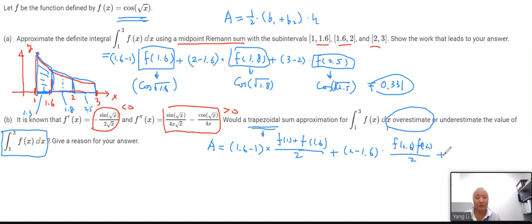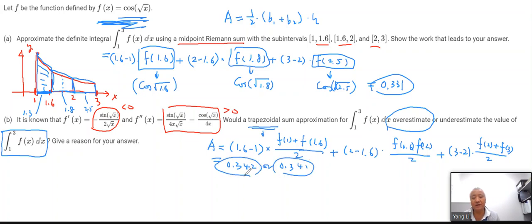Then you can find the third part, that's this part now. That will be 3 minus 2, that's the height here, and then half, times f(2) plus f(3). If you plug into this function, you will get an estimation of about 0.342 or 0.341. Either one is an acceptable answer.